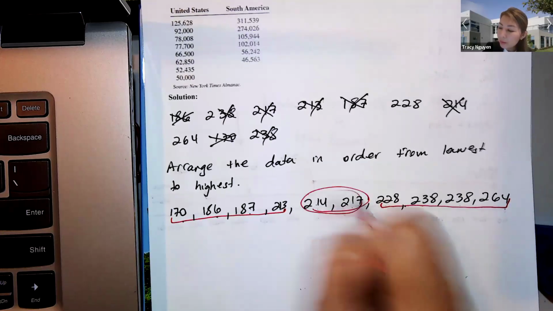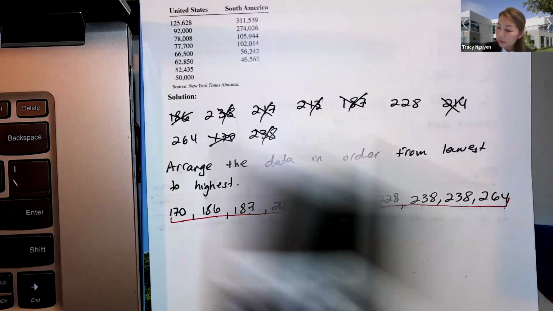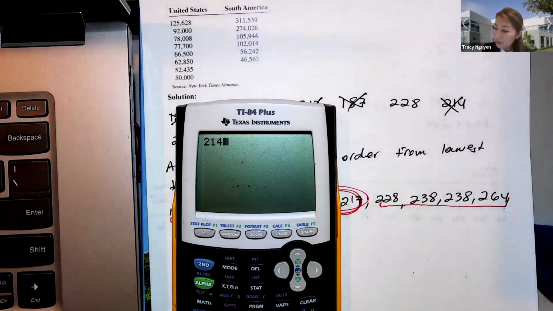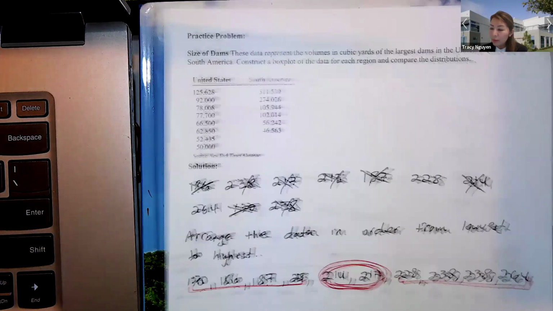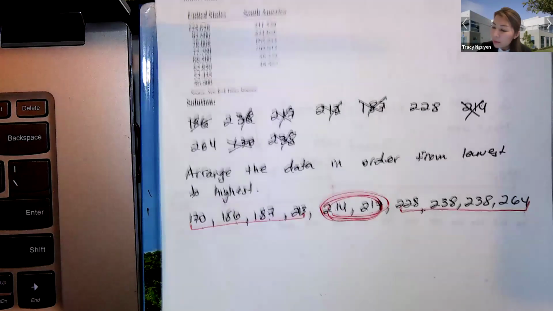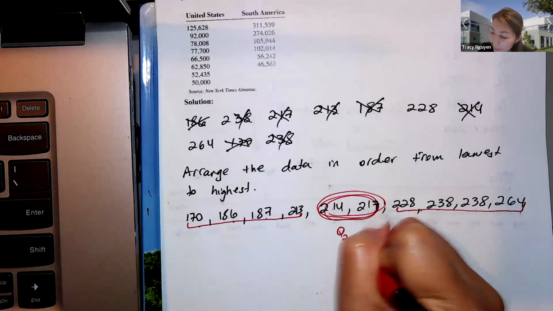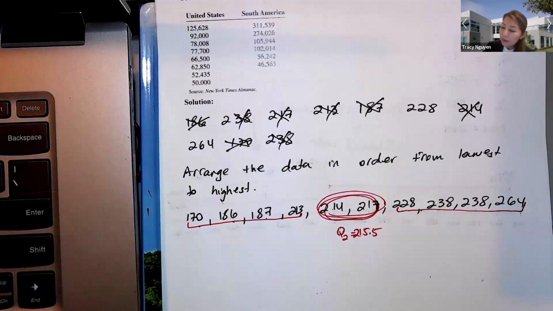And here is what we have. 214 plus 217, divided by 2, gives us 215.5. Very similar to the data that we did earlier, but not quite exactly the same, okay? So Q2 is equal to 215.5.